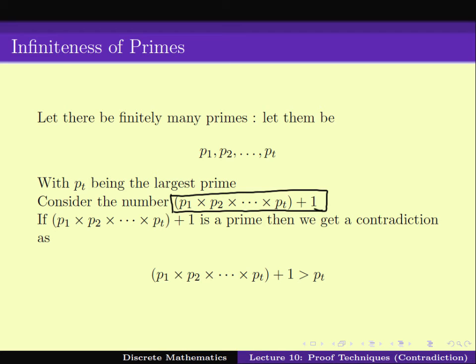We have assumed PT is the largest prime, so it contradicts that, because this one is clearly greater than PT. Now, is the product of P1 to PT plus 1 a prime?